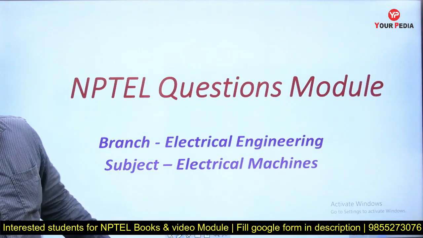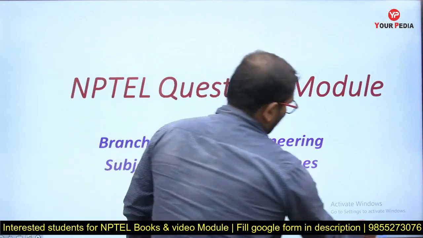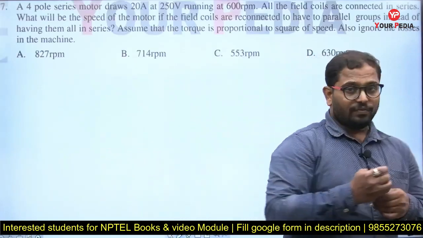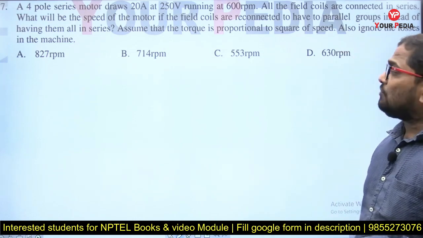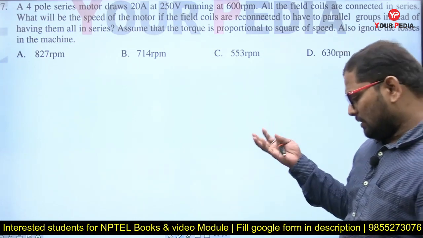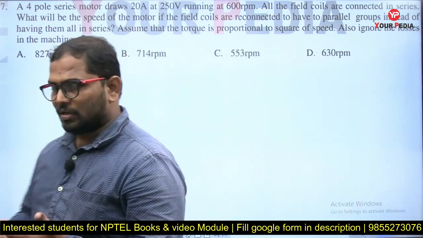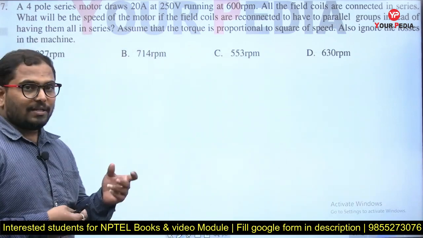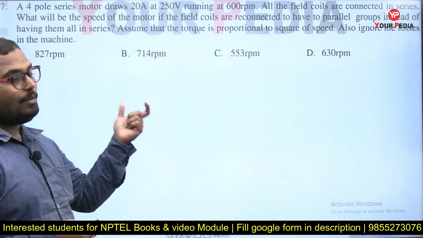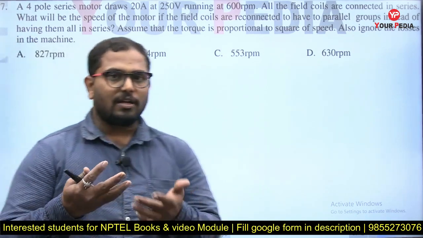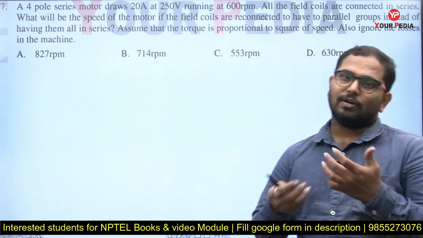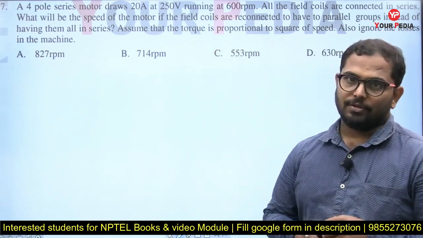Now I'll give you the data of question 37 on the board itself for easy understanding. You may feel this is a simple series motor question, but it is a little bit concept oriented, in which two problems were introduced.